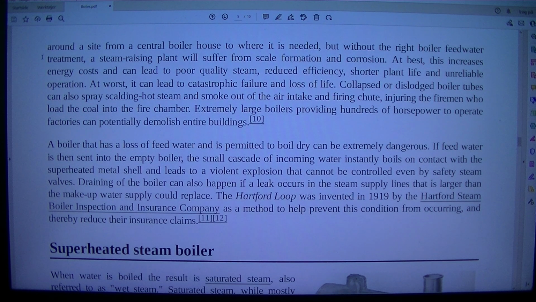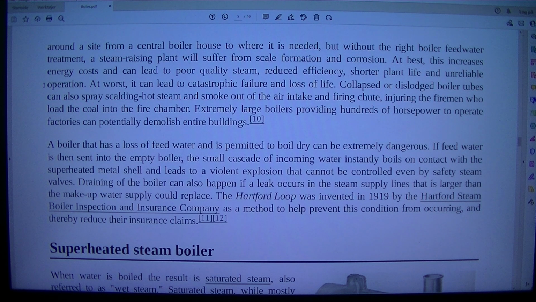Around a site from a central boiler house to where it is needed, but without the right boiler feed water treatment, a steam raising plant will suffer from scale formation and corrosion. At best, this increases energy costs and can lead to poor quality steam, reduced efficiency, shorter plant life and unreliable operation.